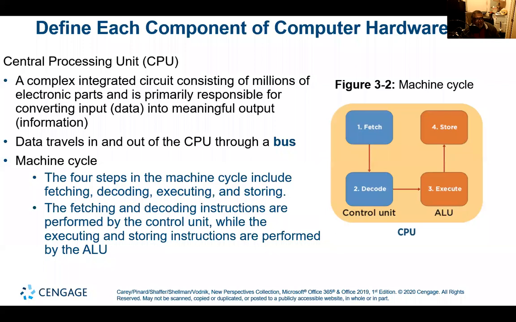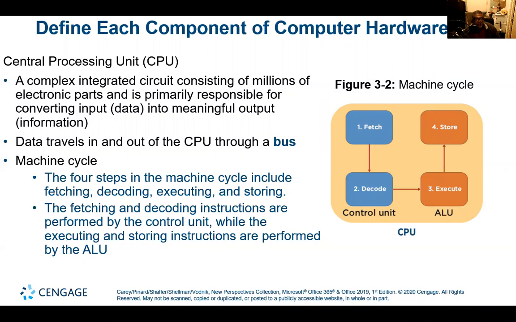So in this depiction, they want to show you the life cycle of how a computer actually gets the task done. The CPU, which is a complex integrated circuit consisting of millions of electronic parts, is primarily responsible for converting data into meaningful output information.